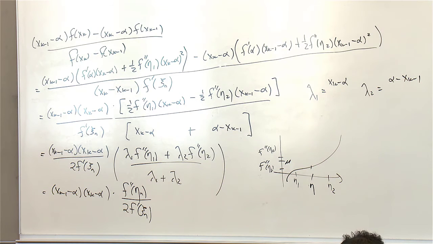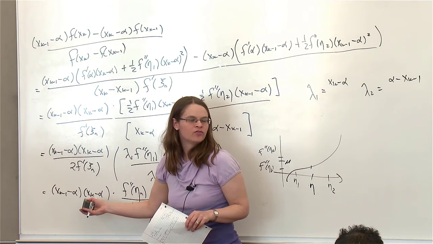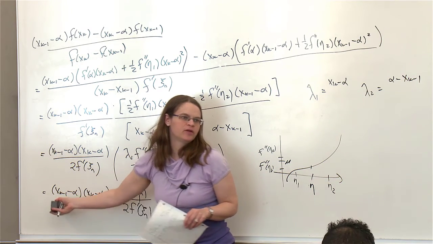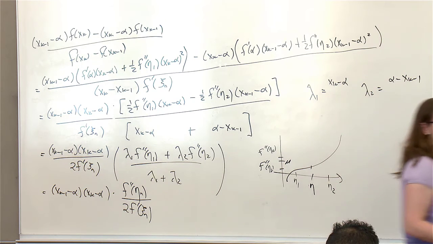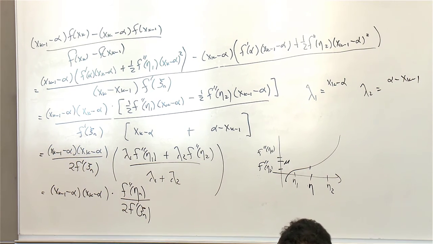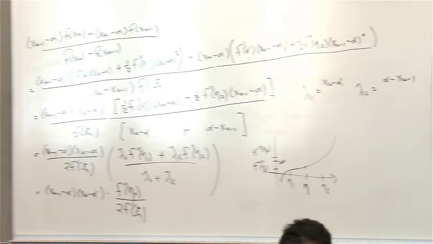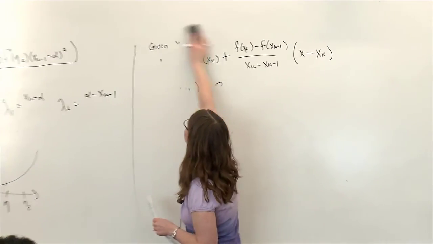Okay, so that's simplified down. It looks like almost what we got for Newton's method, except instead of xn minus alpha squared, we have a recent one and a previous one, which reflects the nature of the secant method. Assuming it converges, exactly, we're assuming this converges. It kind of looks like Newton's method. We can't quite conclude quadratic convergence here.